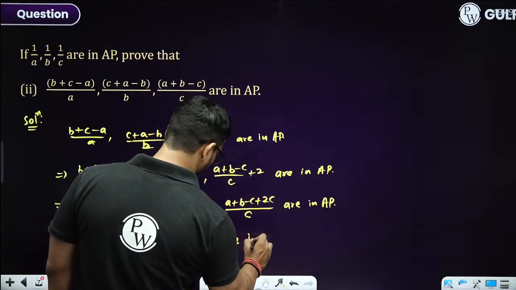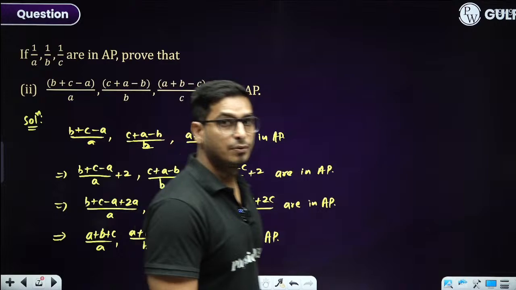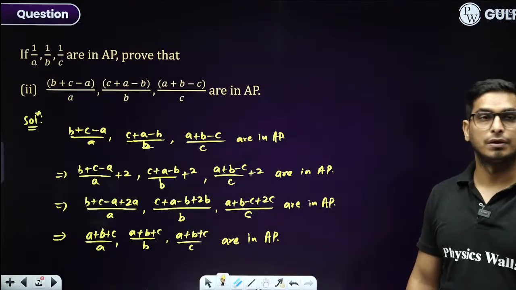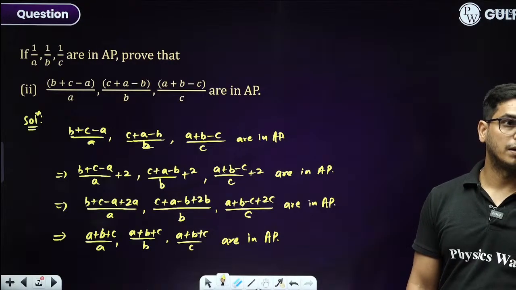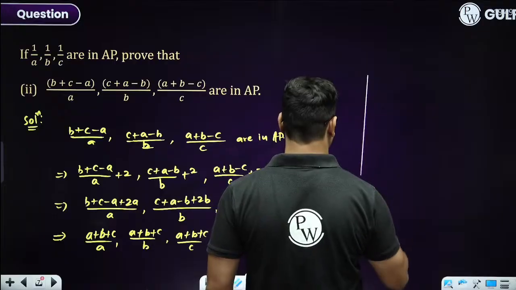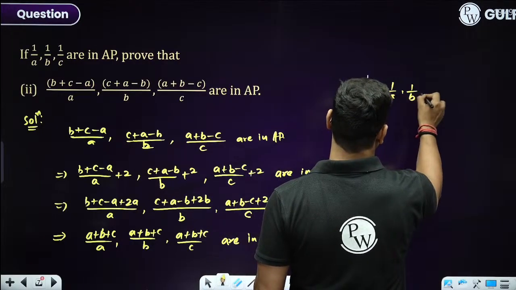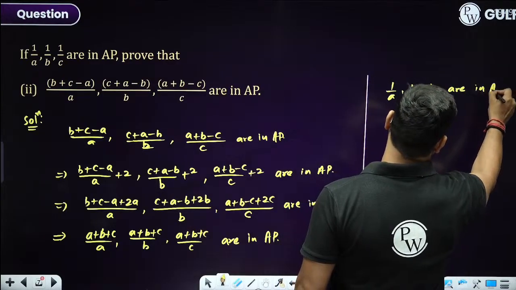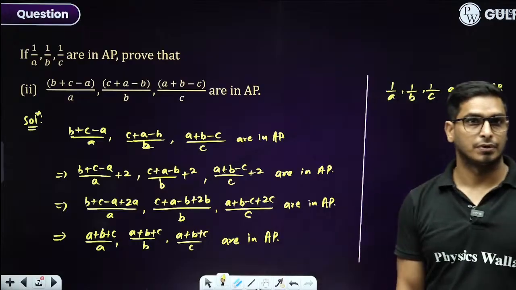Is there any doubt? Just from here we can say 1 by A, 1 by B and 1 by C are in AP. Proved. Clear?